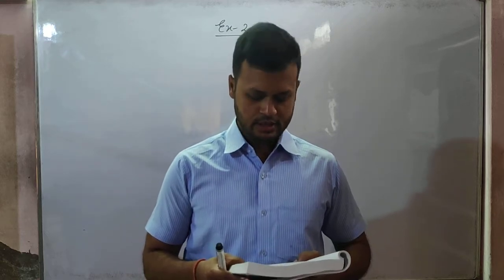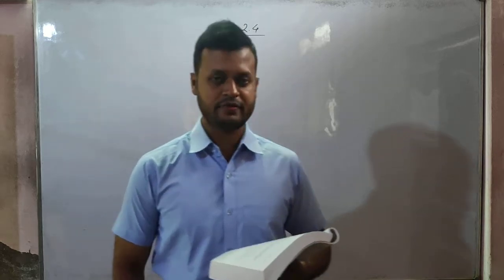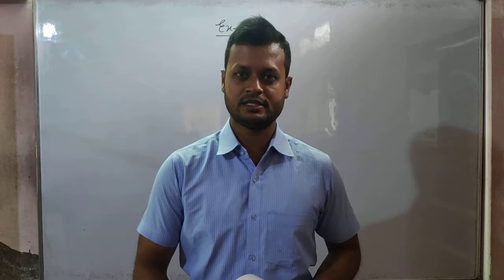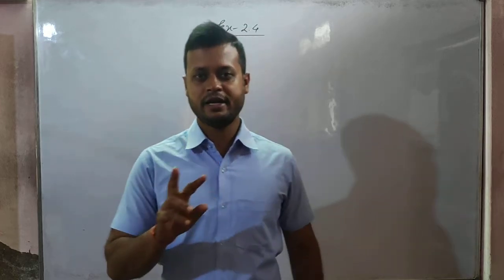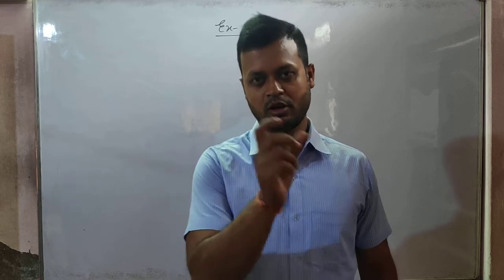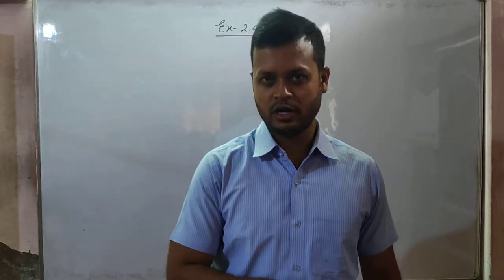So today, students, we will continue with exercise 2.4. After the factor theorem, I hope all of you have understood it. In the factor theorem, it was clear to us that if we are dividing one polynomial by another, suppose one smaller polynomial and one bigger polynomial, we are dividing the bigger polynomial by the smaller one.